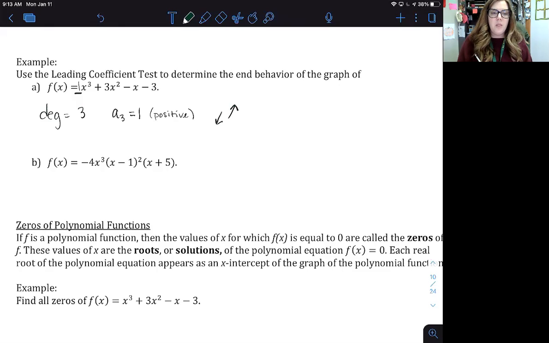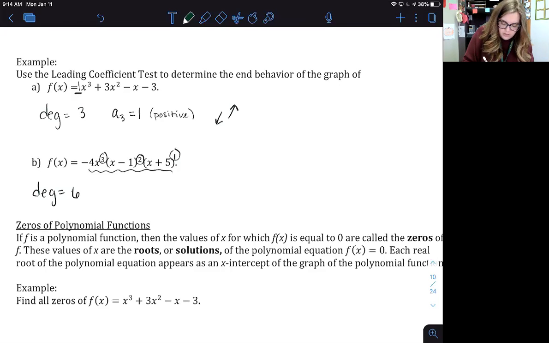Looking at the second one, f of x equals negative 4x cubed times the quantity x minus 1 squared times the quantity x plus 5. Here you have to be careful because we really need to multiply this all out to figure out our degree, but we can do a shortcut here. Let's just look at each of our exponents. So we have 3, 2, and 1, and we're going to add those all up, and we get 6.